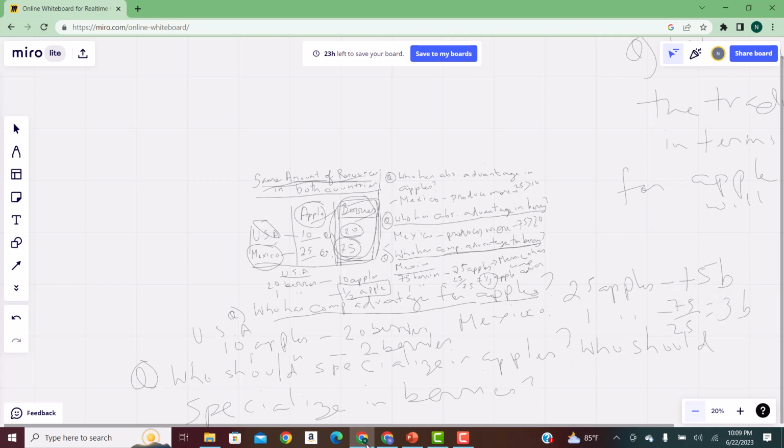So in this case, US has lower opportunity cost, 2 berries, whereas the opportunity cost for Mexico to produce an apple is 3 berries. So the opportunity cost to produce apples is lower for the US. So USA has comparative advantage on apples. So they will be the one producing apples.